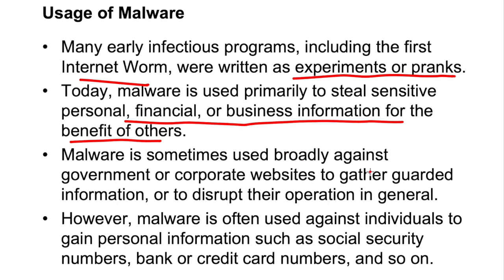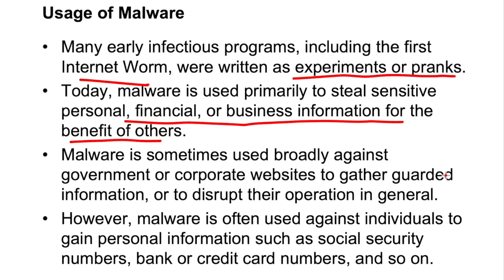Malware is sometimes used broadly against government and corporate websites to gather guarded information or to disrupt their operation in general. So for example, a malware can be used to get information, maybe the profile pictures, or something like that, that may not be accessible otherwise.